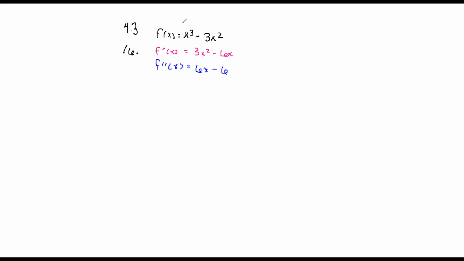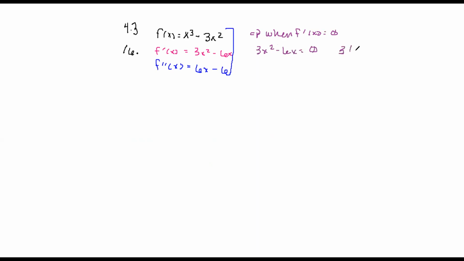So these are the functions that I'm going to be using to solve this problem. Okay. Part B, find the critical points of f. Critical points are where f prime of x is equal to 0. So I'm going to say 3x squared minus 6x equals 0.